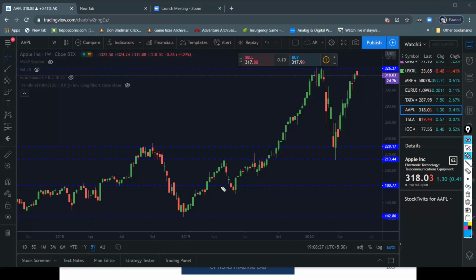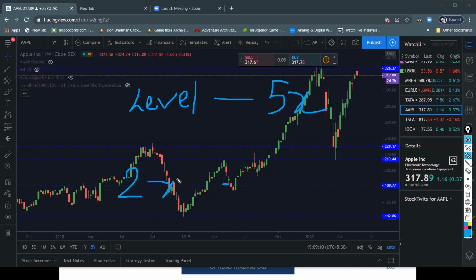See this? These wicks are being formed whenever the market reaches this support line. Okay, so it's a good support line. A level which is hit 5 times is a good support or resistance level, and a level which is hit 2 times is a less strong support or resistance line.